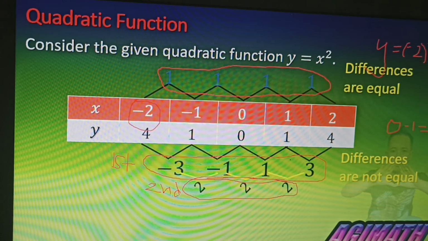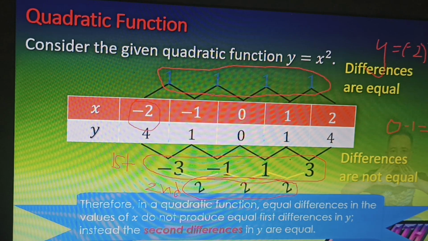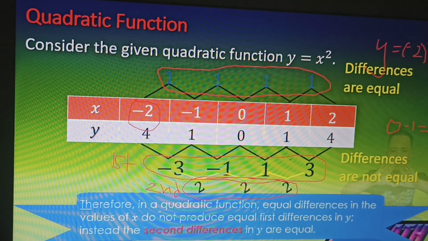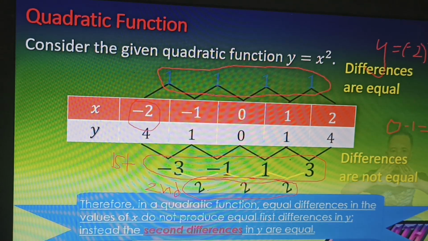So what can we conclude? Therefore, in a quadratic function, equal differences in the values of x do not produce equal first differences in y, as I have shown to you. Instead, the second differences in y are equal. They are all equal to 2.